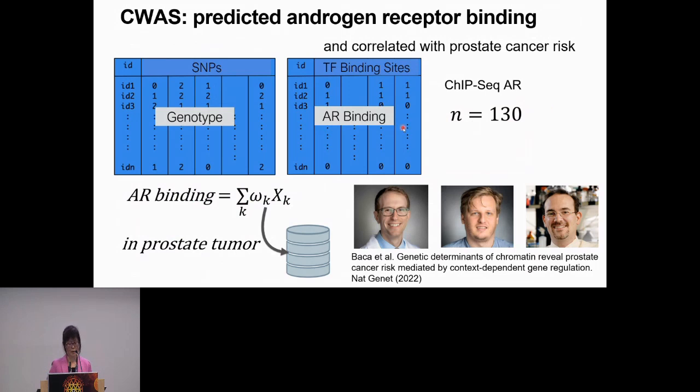They assayed 130 prostate tumors with ChIP-seq experiments, which gives this matrix of transcription factor binding sites as columns and people as rows. They also generated genotype data from the same experiment, and then trained a linear model on genotype to predict androgen receptor binding.